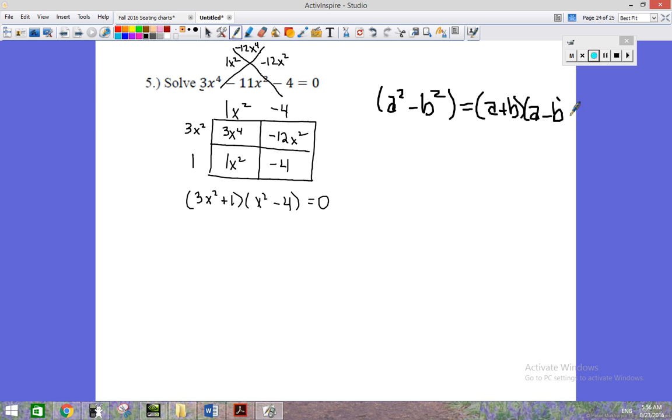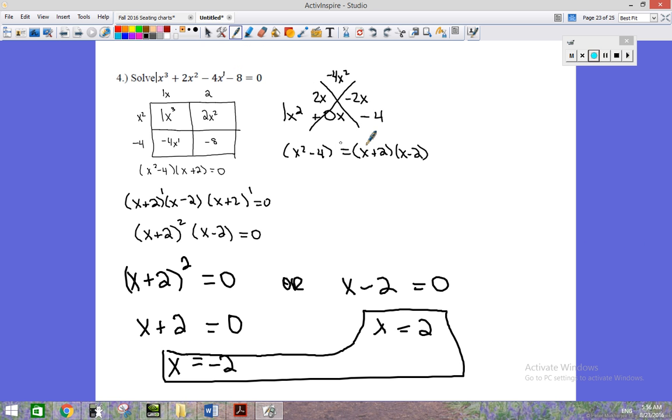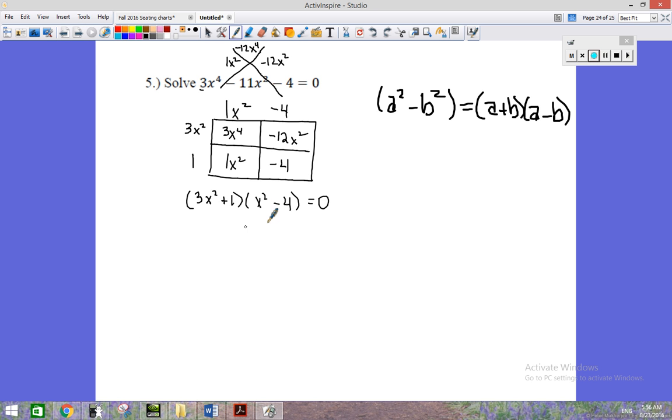So if you recognize how to use the formula, or if you look on your quiz or your test and maybe in a previous problem you've already done that work, that x squared minus 4 factors. So we have 3x squared plus 1 times x plus 2 times x minus 2.